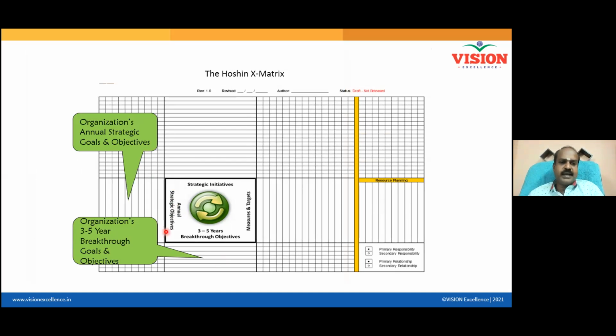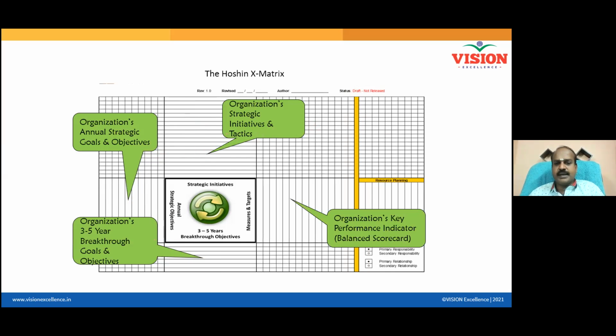And then annual goals will be written here, right? And then you will write the operational goals, which are small projects you will identify, that you can complete in 3 to 5 months. But what is most important is that all 3 should align.